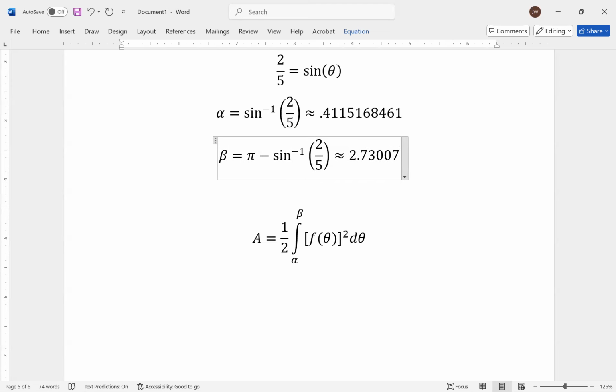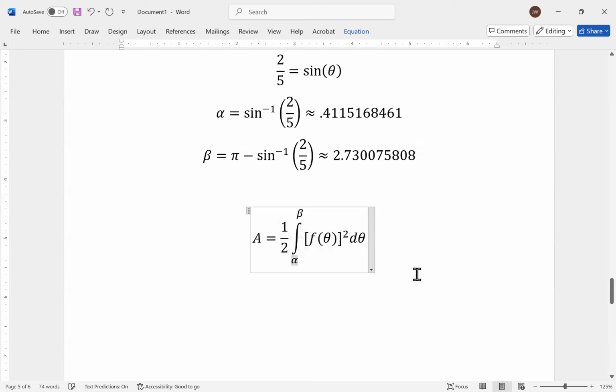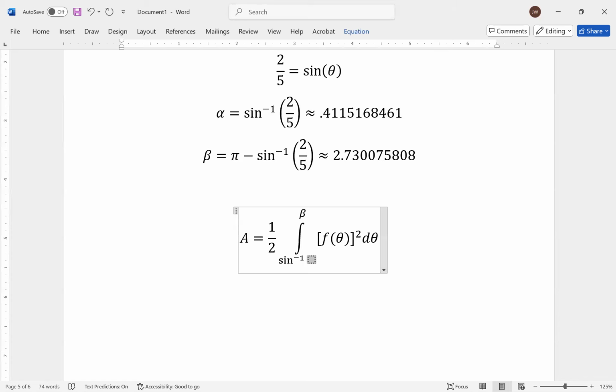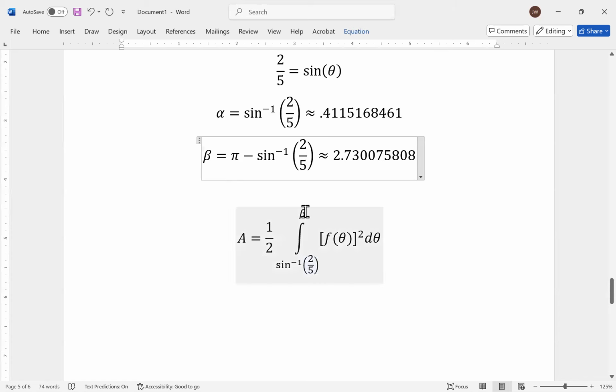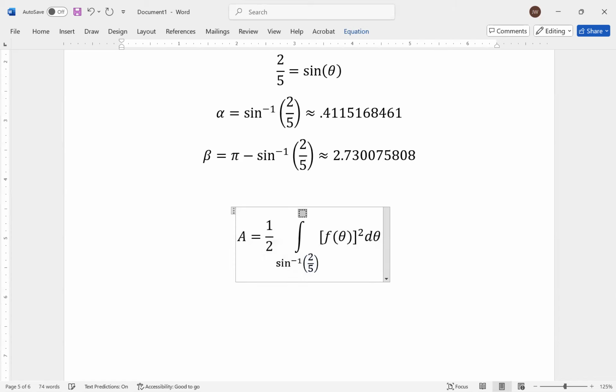But if you are using the decimal version, go out as far as you can. Okay. So alpha starts at the inverse sine of 2/5, and beta ends at pi minus the inverse sine of 2/5.